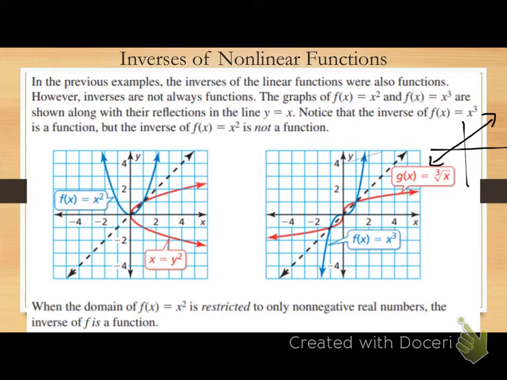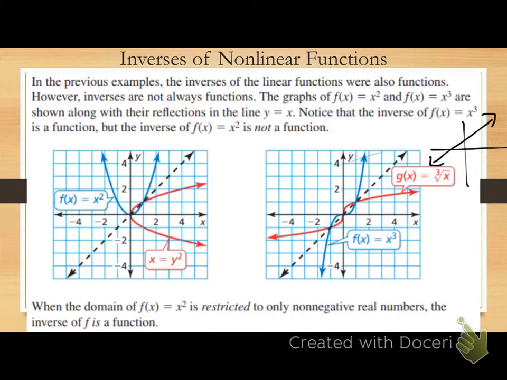So, we can, however, restrict the domain of f of x equals x squared to only non-negative real numbers, aka positive numbers. My voice kind of cracked there, I apologize. So if we restrict the domain to only positive values, we're only going to get the right half of this graph. Because that's only my positive x values. If I do that, then the inverse of that would be a function.